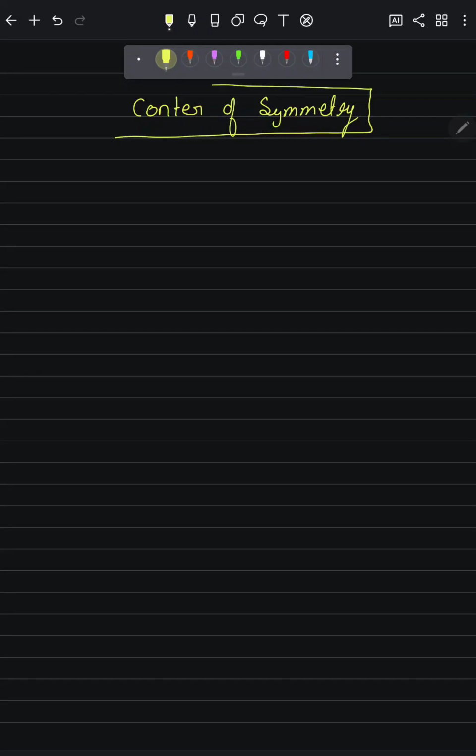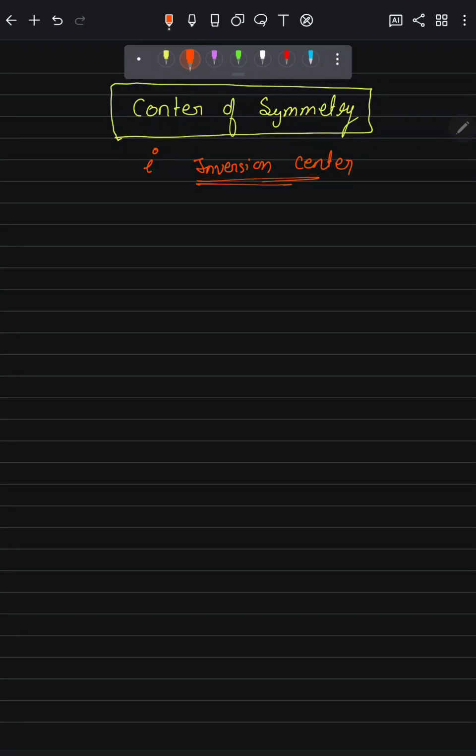Now let's discuss the next symmetry element, which is the center of symmetry. It is easy compared to the ones we discussed before. It is represented by i, and it is also called the inversion center.